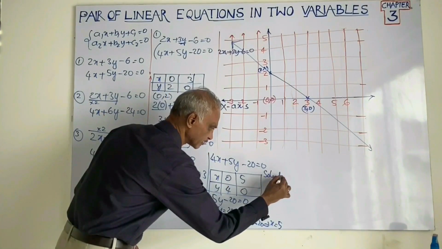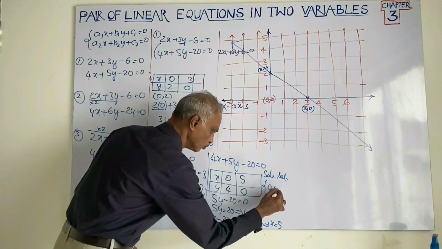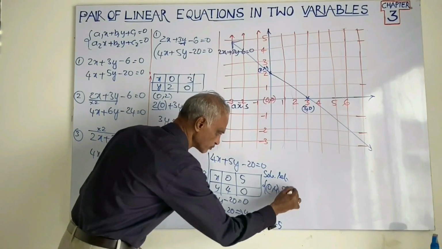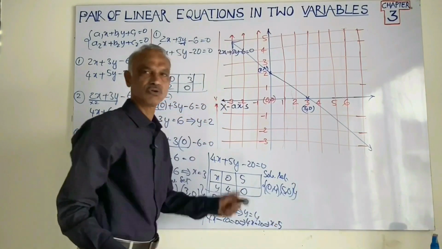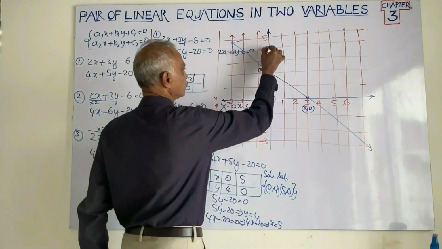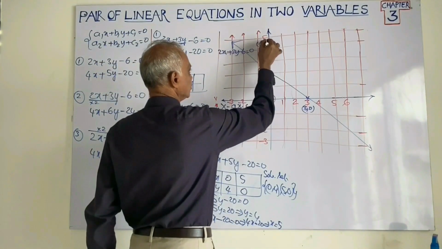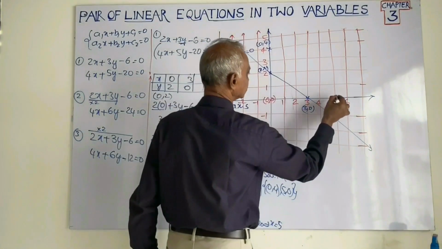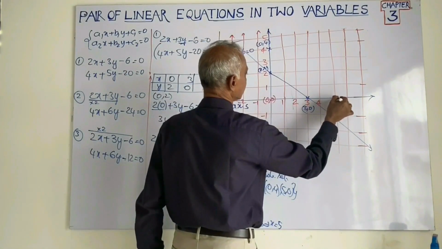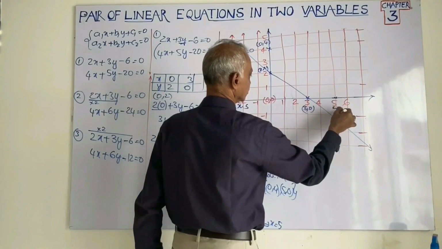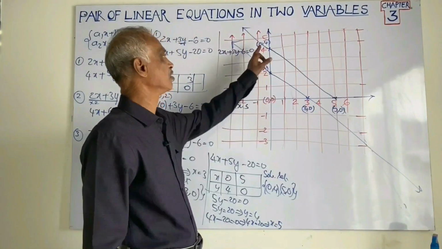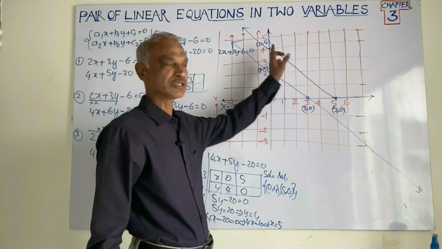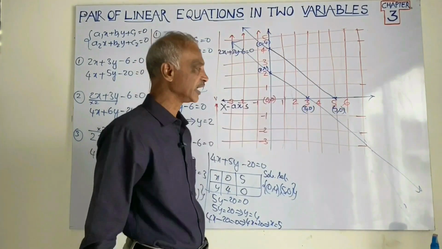Solution set: you have (0, 4) and (5, 0). (0, 4) is this one, and this is (5, 0). Now with the help of these 2 points, (0, 4) and (5, 0), you draw a straight line.